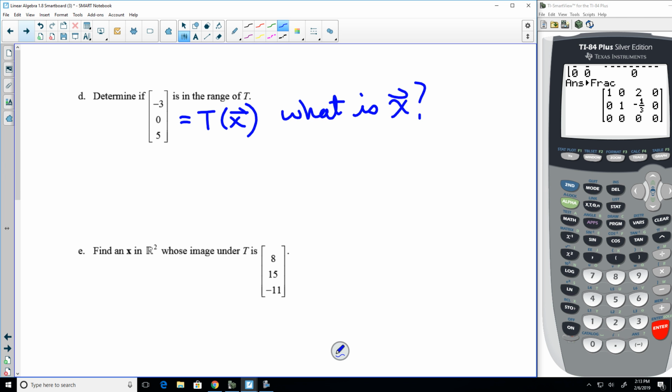Or is there an X, really, is the question. Right? So how does the transformation work? We multiply the matrix A times the X to get the output.